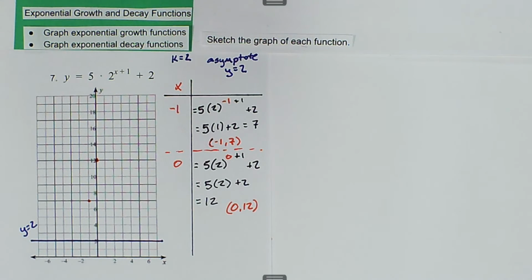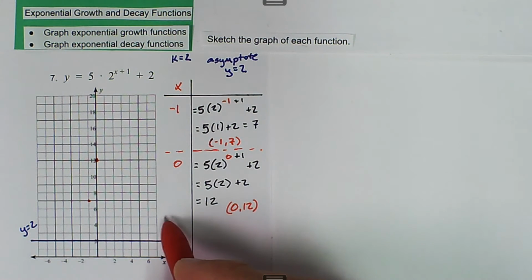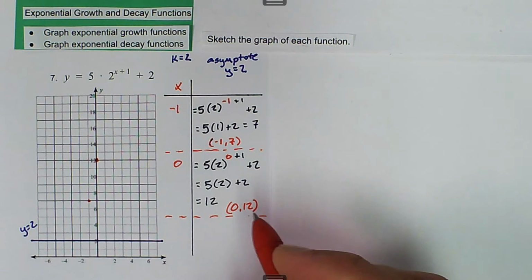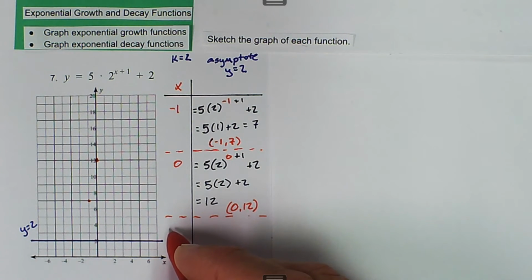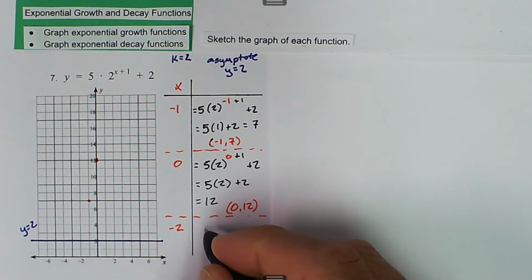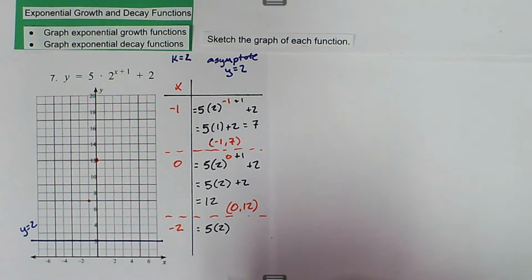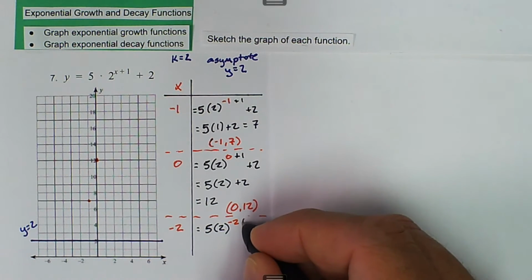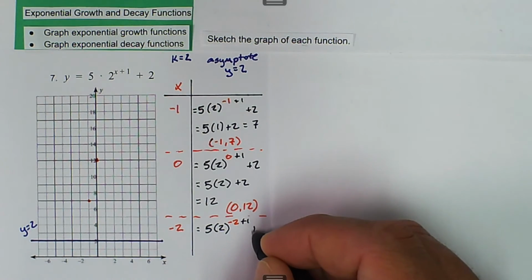So I'm actually going to pick negative 2. And we substitute that in. We're going to get 5 times 2 to the negative 2 plus 1, plus 2.